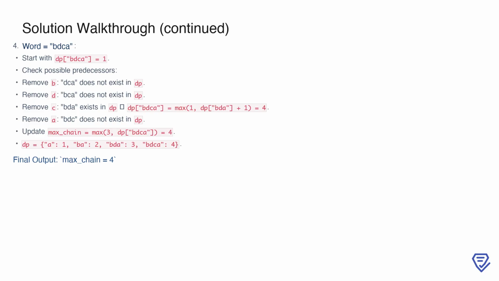Removing a gives bk, which does not exist in dp. With no further updates, we adjust max_chain to the maximum found so far. The final dp dictionary is {a: 1, ba: 2, bda: 3, bka: 4}. The longest chain length for this example is 4.